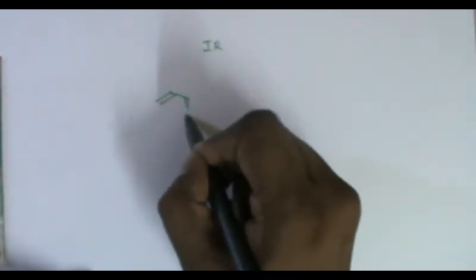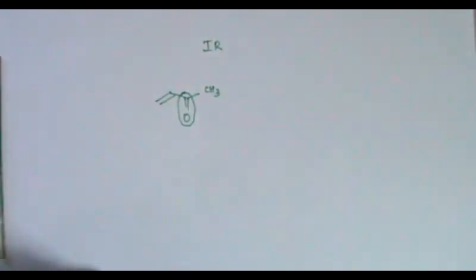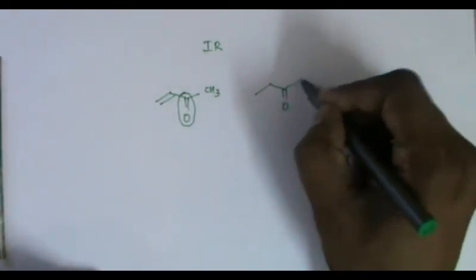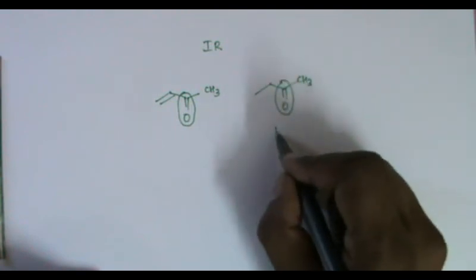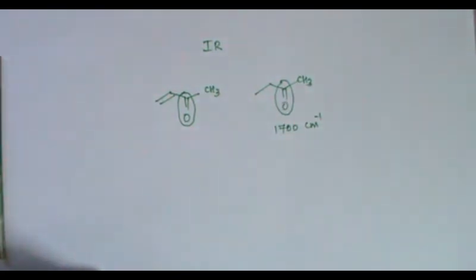What about IR spectroscopy? Let us go for this particular compound. This carbonyl, ketone, I compare with this compound. Generally, this carbonyl appears around 1700 centimeter inverse.